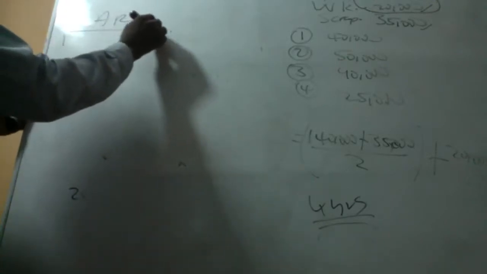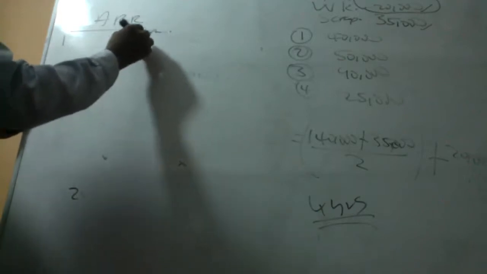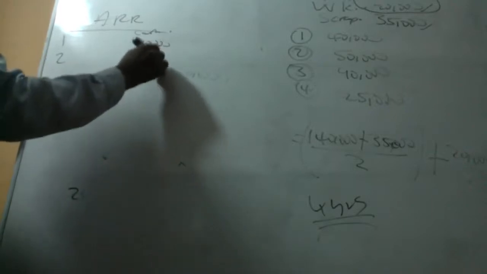Accounting rate of return. Down to the cash flows: year one was 90,000. Year two, 48,000 negative. Year three, 90,000.